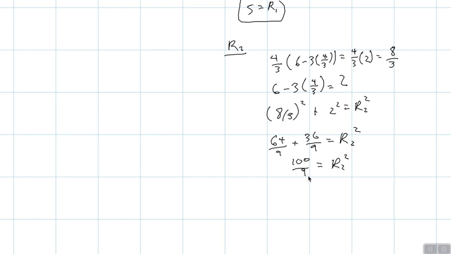So here, since we got 100 over 9 is equal to R sub 2 squared, it's going to be true that this is just equal to, so we'll have 5.